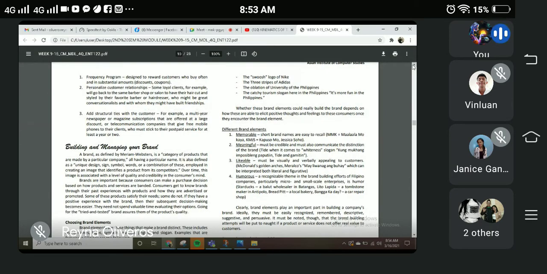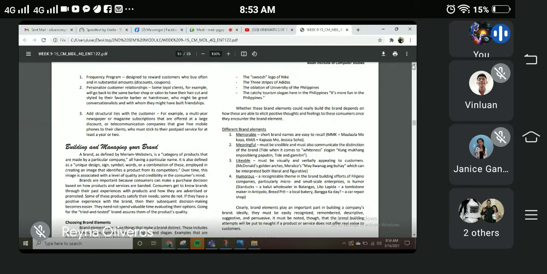And then, sa Nike naman is whoosh. 'Di ba? Then, sa Adidas naman, yung three stripes. 'Di ba? Yung logo nila. Then, the Oblation of the University of the Philippines. Yan. And then, the catchy tourism slogan here in the Philippines, it's more fun in the Philippines. 'Di ba? Very catchy yan when it comes sa mga foreigner, when it comes to travelers, 'di ba?